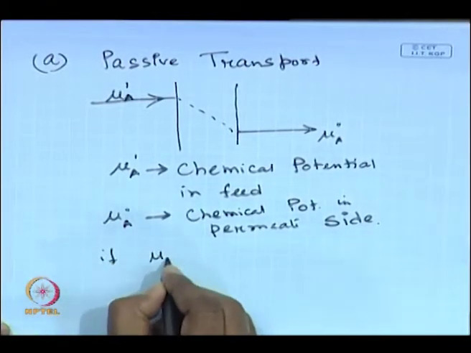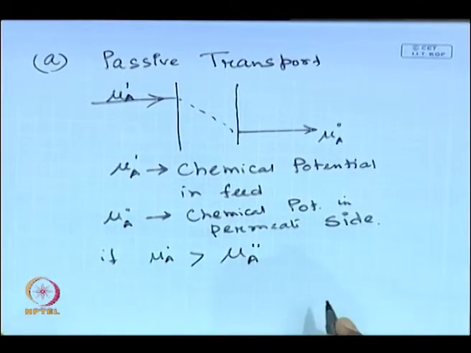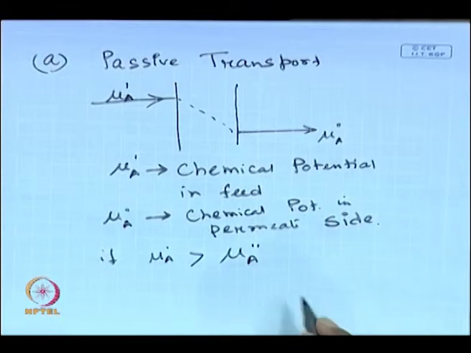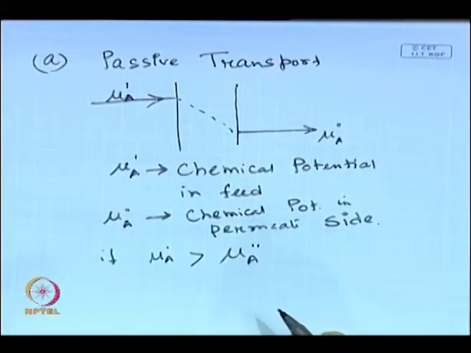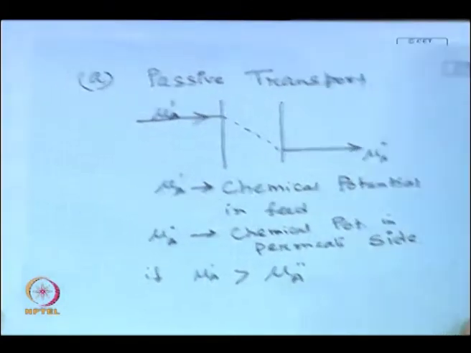If mu a prime is greater than mu a double prime, then we call it passive transport. This is the normal case. The driving force is more in the upstream compared to the downstream, so there will be transport of species from the upstream to the downstream. That is called passive transport, and it is the normal circumstance. Now, the second one is facilitated transport.